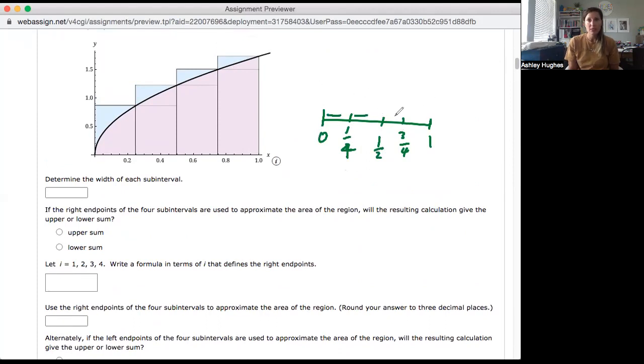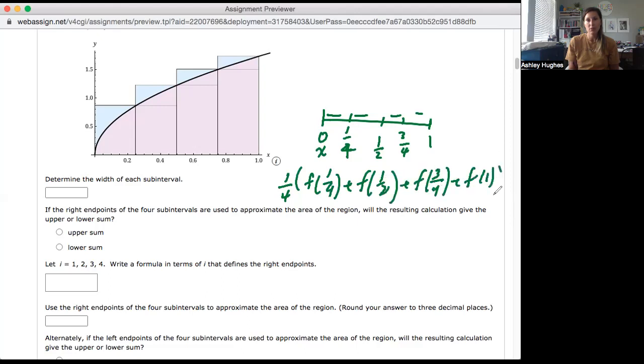The width of each of these subintervals is 1/4, so you pull that out front. Left hand means you would use this one, right hand means you don't use this one. So we're going to plug in 1/4, so f of 1/4 plus f of 1/2 plus f of 3/4 plus f of 1.